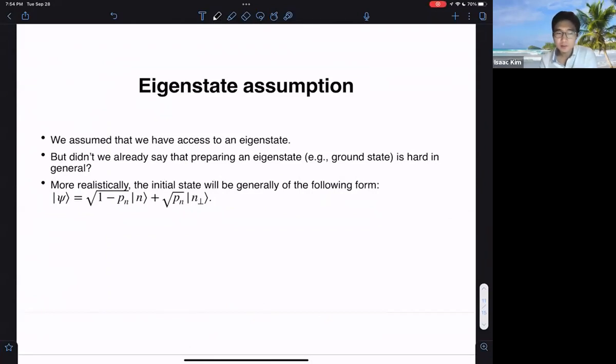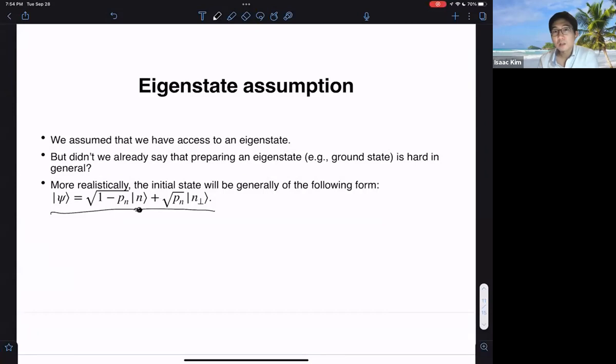In general, obviously, you will not have that. This is a very strange assumption. Even if you have a pure state, in general it will be in a superposition of many different eigenstates. So you can certainly ask, in that case, what happens?